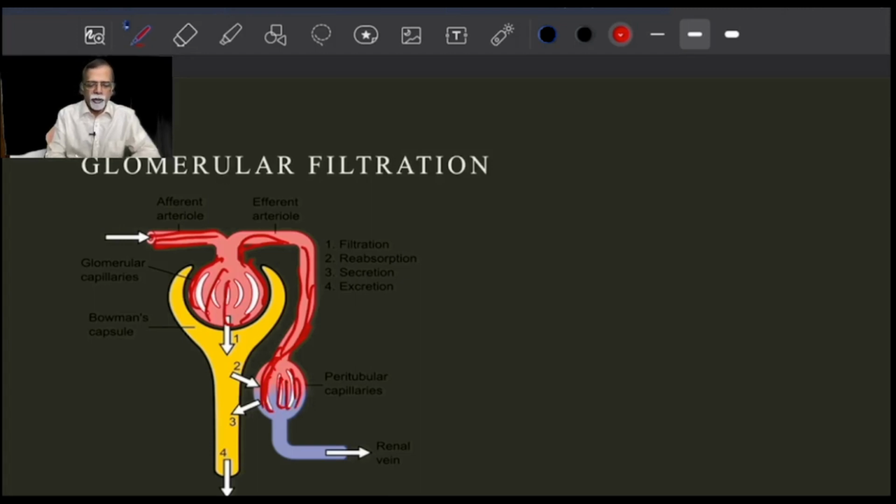Some of them descend into the renal medulla, and they are called the vasa recta. From the vasa recta and peritubular capillaries, venules are formed, and the blood is leaving the kidney via the renal veins. This part has been discussed in the previous session.